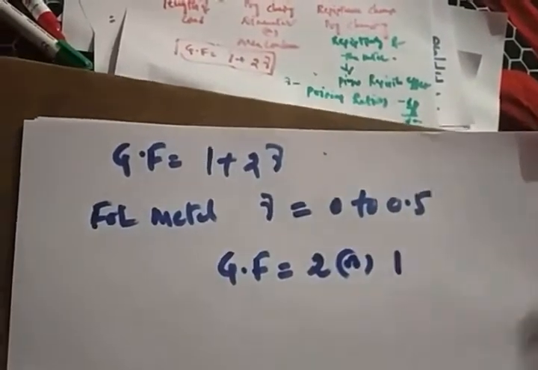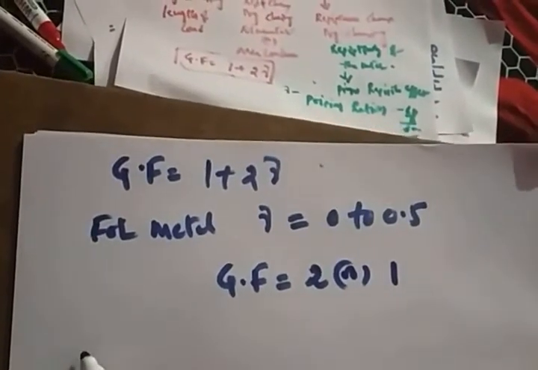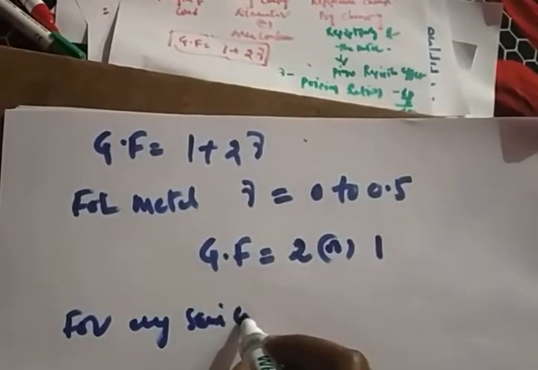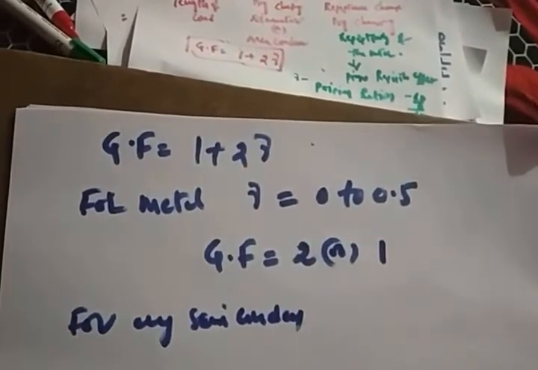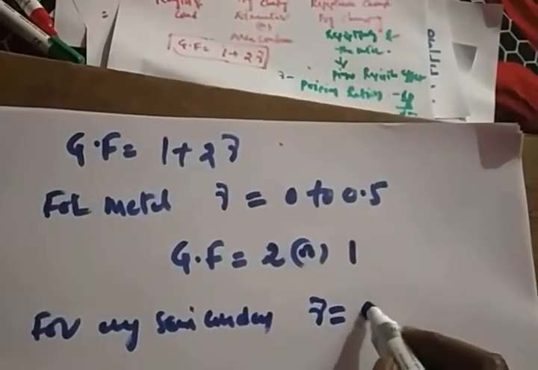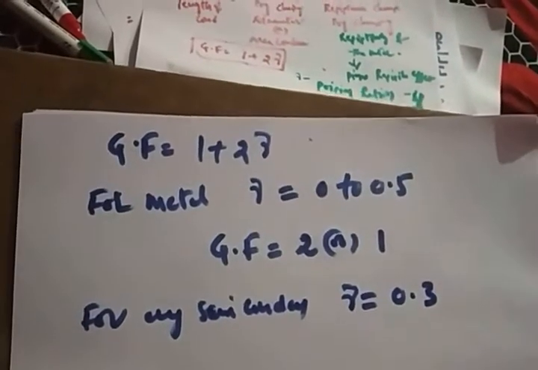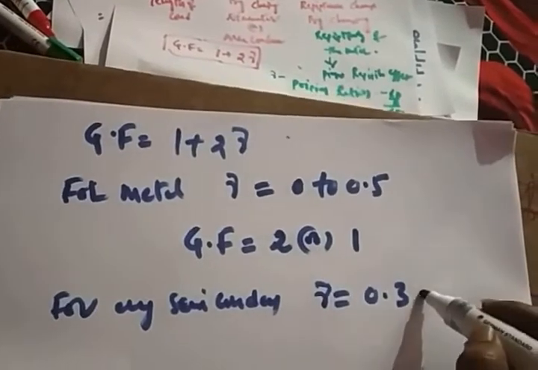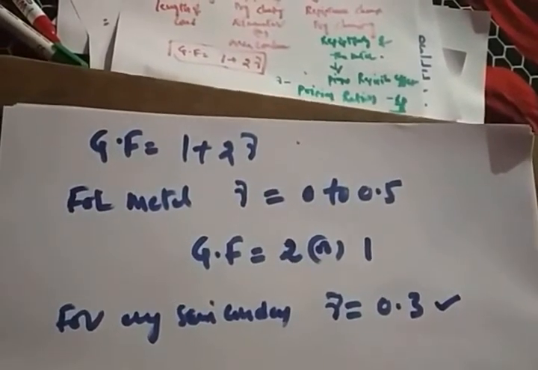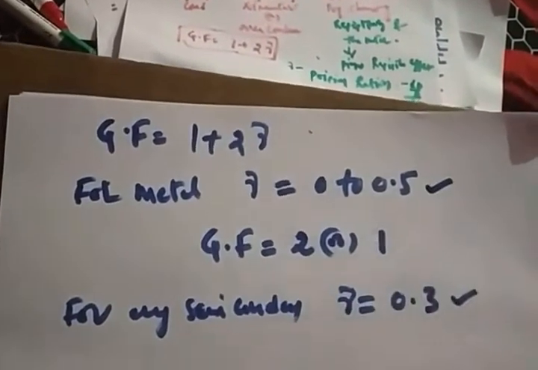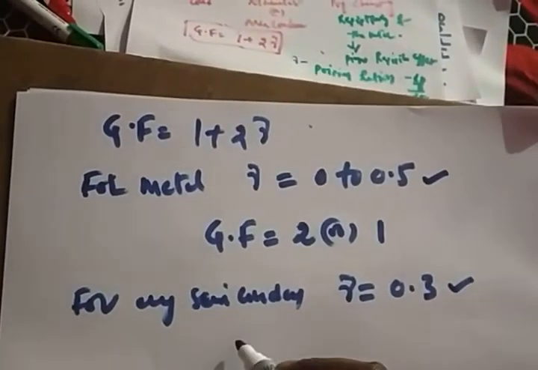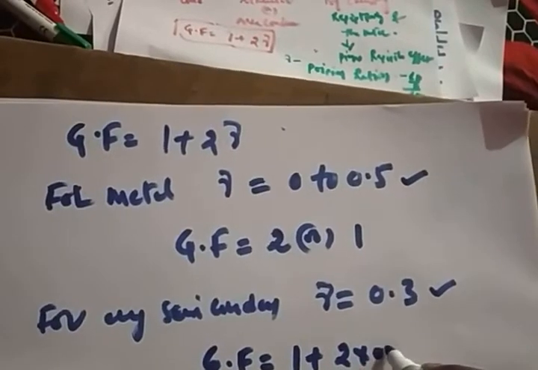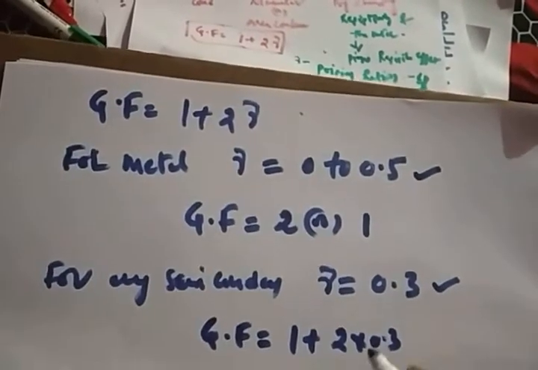If you go for other materials, semiconductor materials, you will take the gamma value as 0.3. If the gamma value is not given, you have to take it as 0.3. For a metal, 0 to 0.5. Then here the gauge factor will be 1 plus 2 into 0.3. So what is the value?